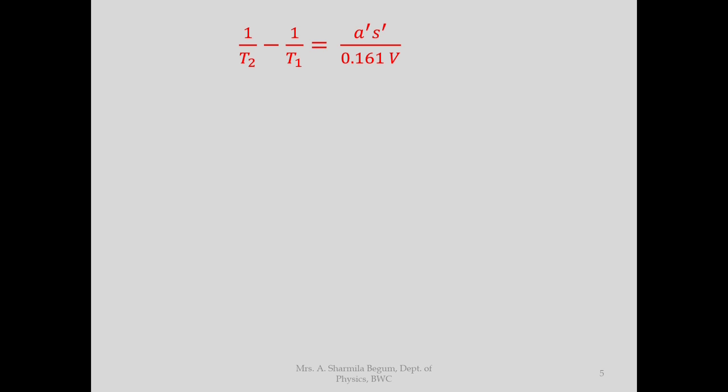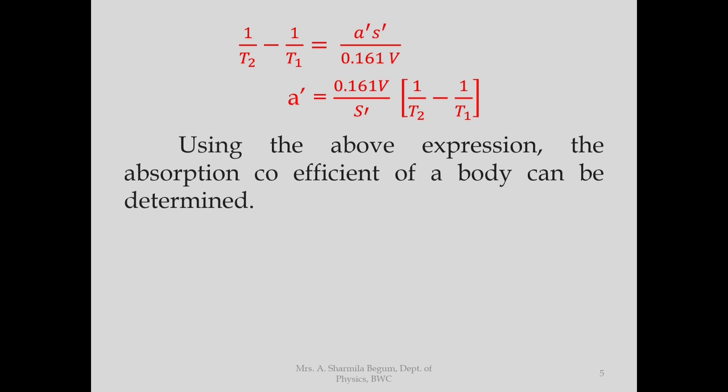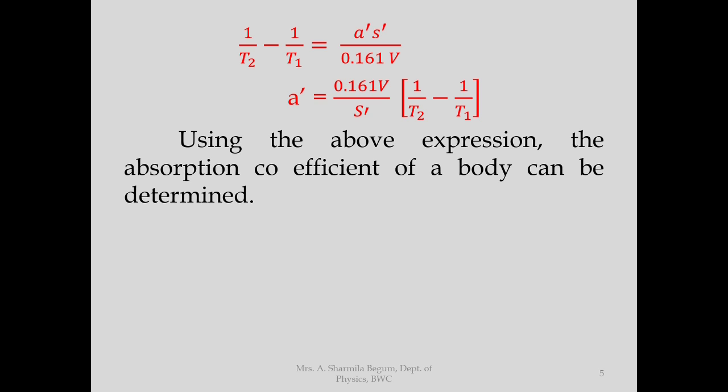So, 1 by T2 minus 1 by T1, you get A prime S prime divided by 0.161 V. In both the terms you will have AS, they get cancelled. So, A prime can be found easily as 0.161 times V divided by S prime into 1 by T2 minus 1 by T1. So, using this expression we can easily find the absorption coefficient of any material, any body.